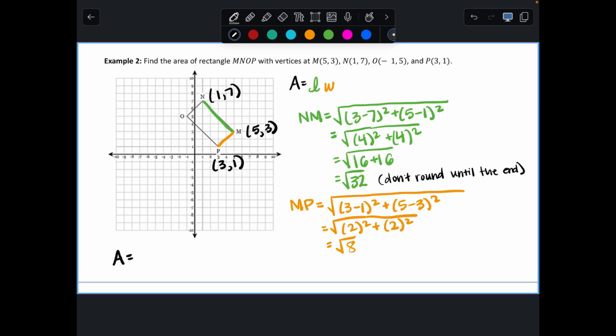So the area of this rectangle is going to be the square root of 32 times the square root of 8. Then I can round it. I'm going to round to the nearest tenth if I don't get a whole number. What's the answer? So I don't need these squiggly lines. It's a whole number, 16. Now, if I had converted those to decimals, I would have ended up with a decimal answer. So that's why I have you wait till the end, because sometimes it ends up being a whole number.